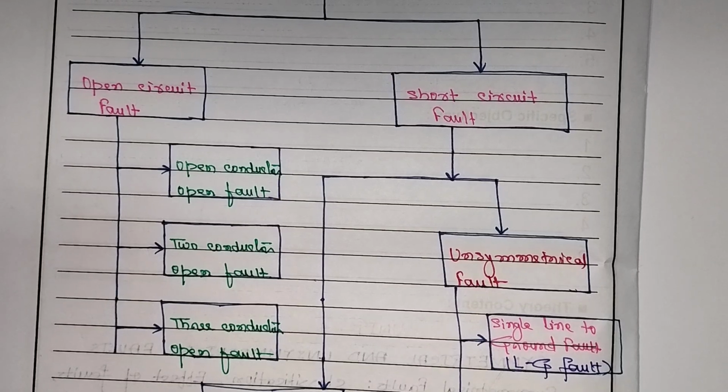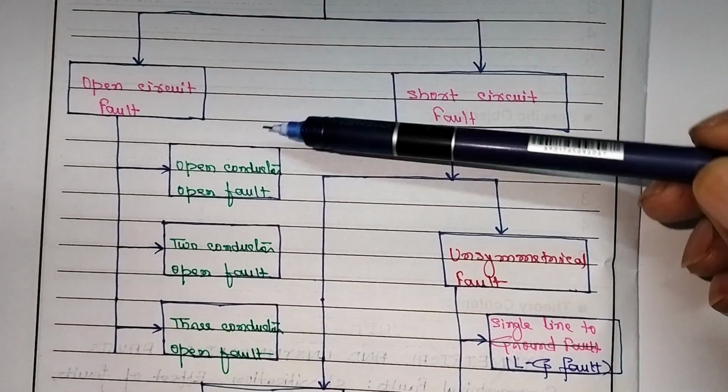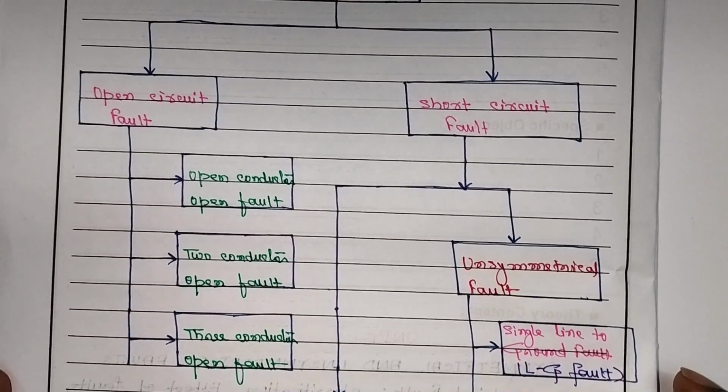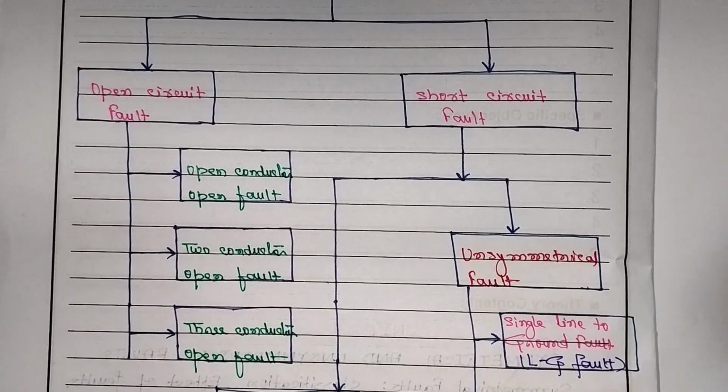Open circuit faults occur when one or more conductors break or lose contact. That is the definition of the open circuit fault.